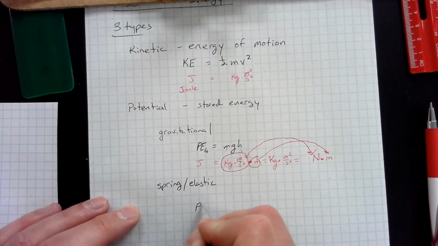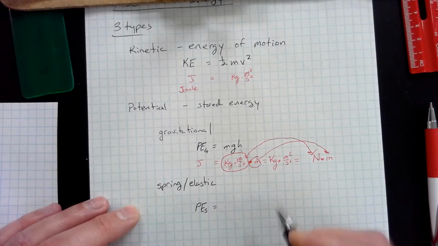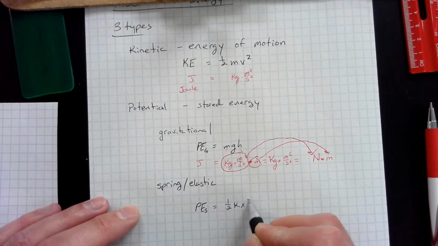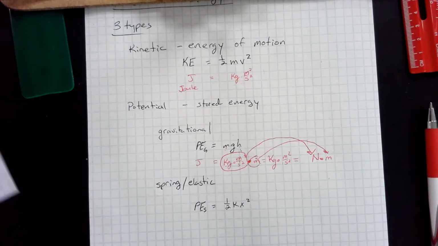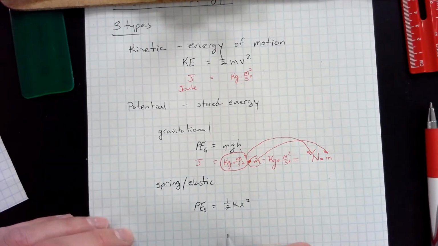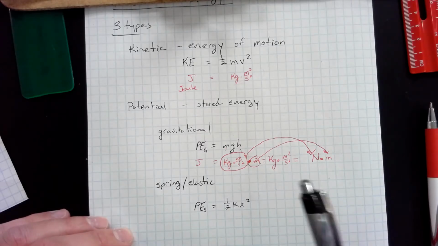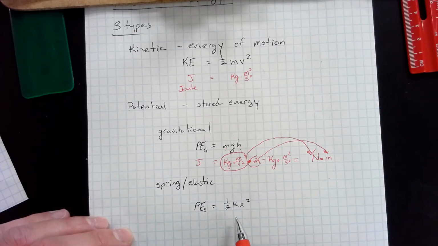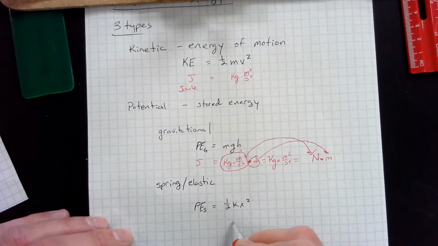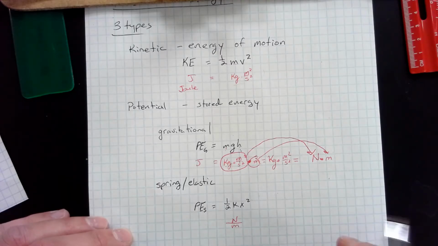All right, for the spring potential energy, it'll still be PE spring, and that's going to be equal to 1/2 kx squared. All right, so let's define what these things are. Well, actually, let's do the units first. I'll explain what k is, but the units for k are a Newton per meter, and that will make a little bit more sense when I define what it is.